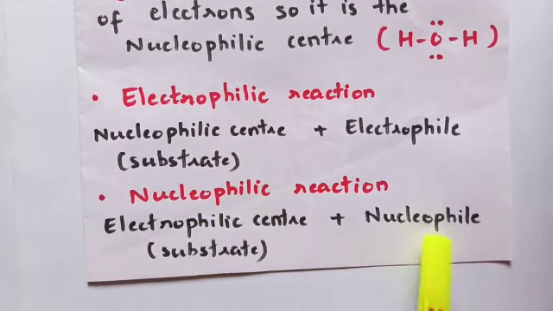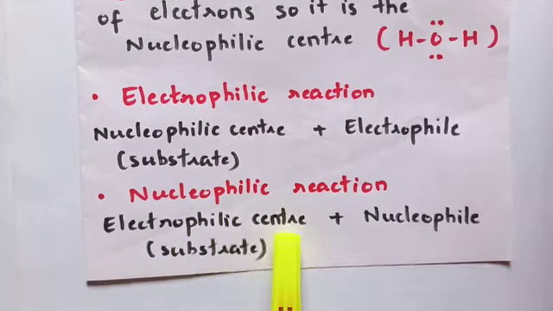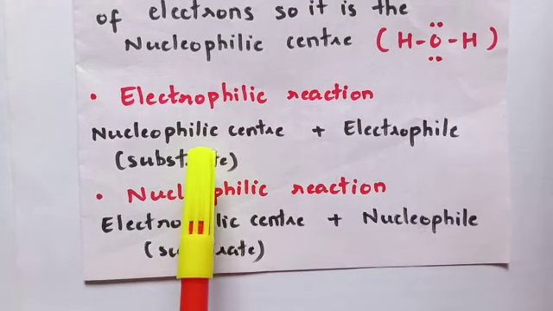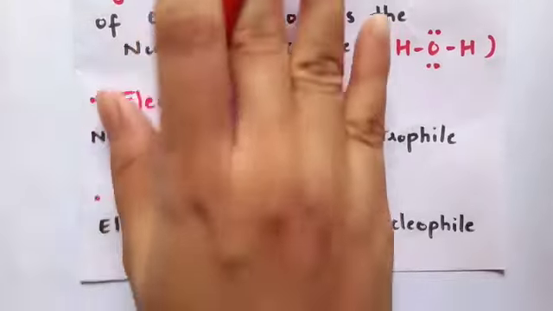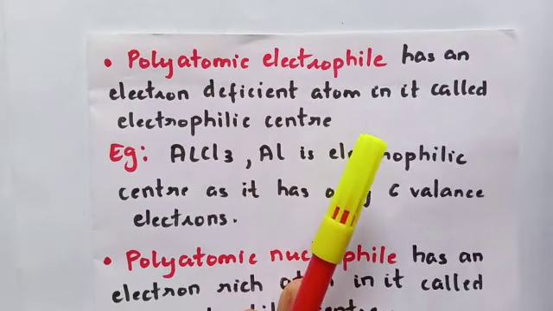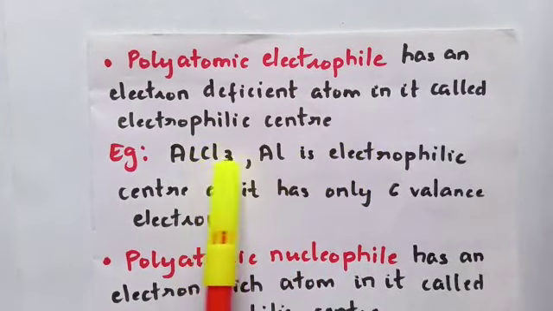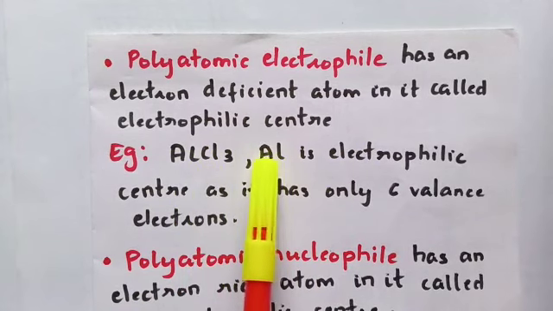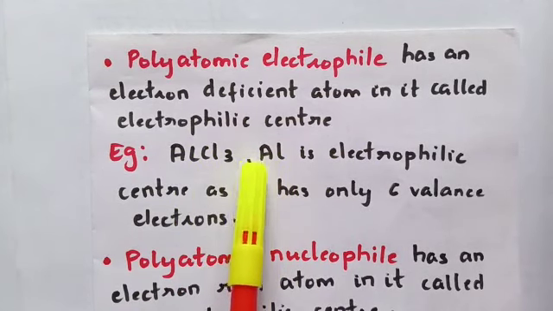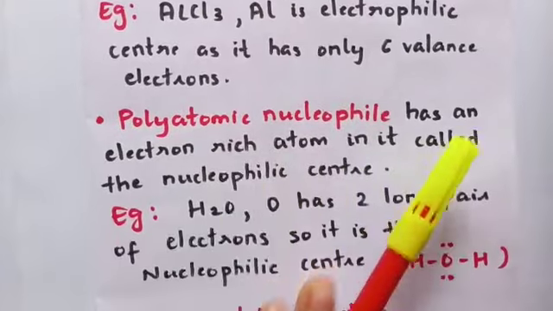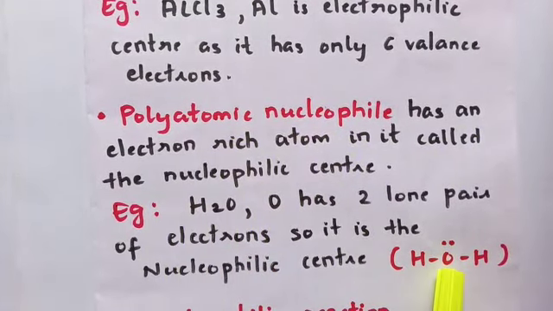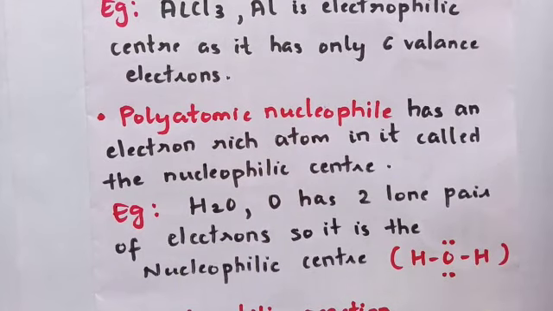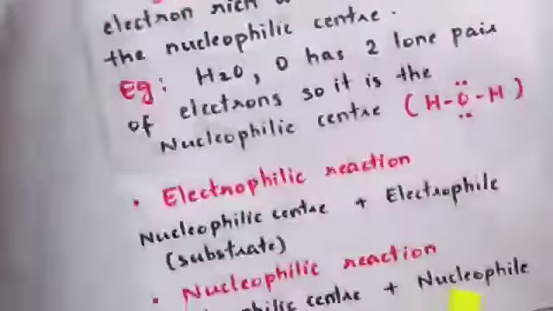In a nucleophilic reaction, our nucleophile attacks the electrophilic center of the substrate. We just discussed what a nucleophilic center and an electrophilic center are. In a polyatomic electrophile, the example was AlCl3, where Al is the electrophilic center, which is electron deficient in nature. In a polyatomic nucleophile, for example water, oxygen is the nucleophilic center, that is, it is electron rich in nature. It has extra electrons.